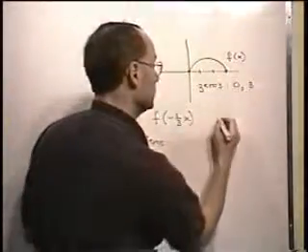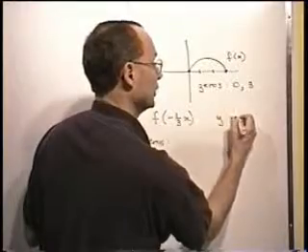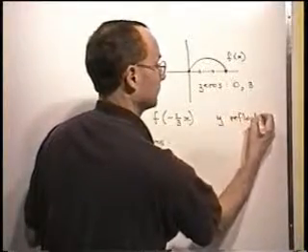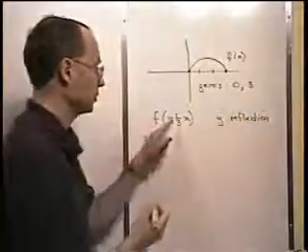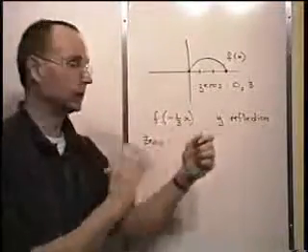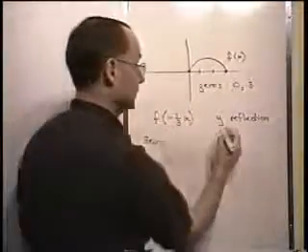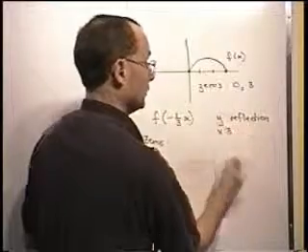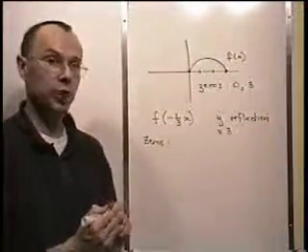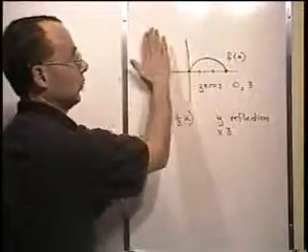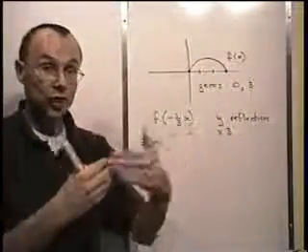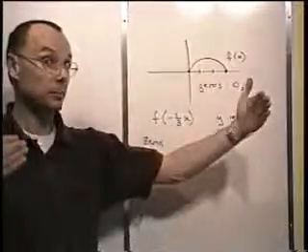So I'm just going to make a little note here. We have some y reflection going on. And the other thing that we're doing is horizontally, the reciprocal of this is times by 3. So not only are we reflecting across the y-axis, but all horizontal distances are going to be tripled.